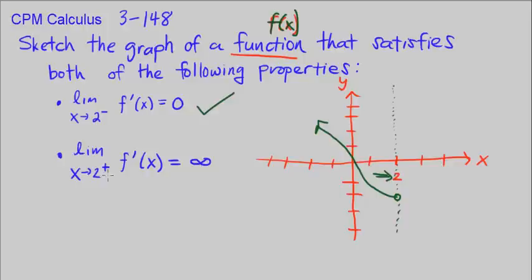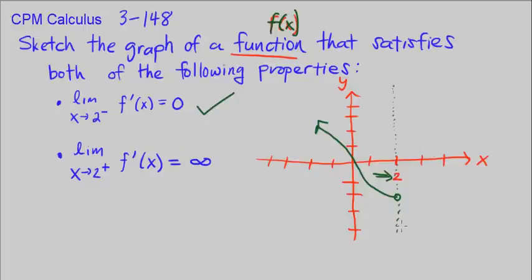Now the limit as x approaches 2 from the right, the slope is infinity. Okay, so an infinite slope we know is going to be a vertical line, right? So we want it to look like this: as x approaches 2 from the right, it's going to have a vertical line, and it's positive infinity here, right?